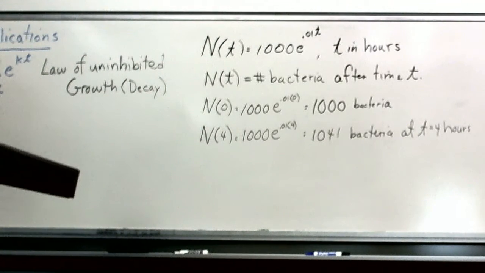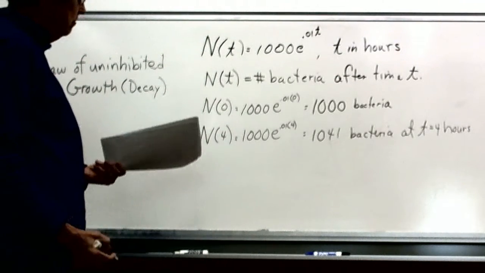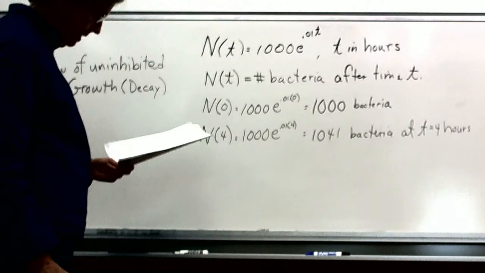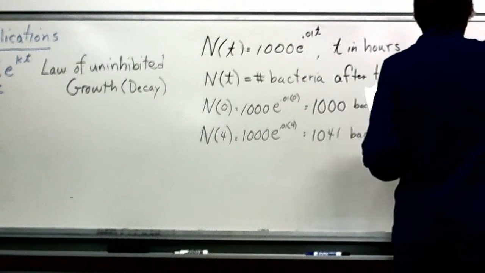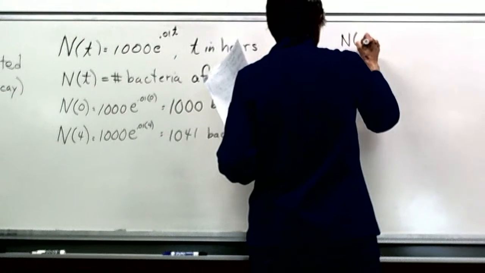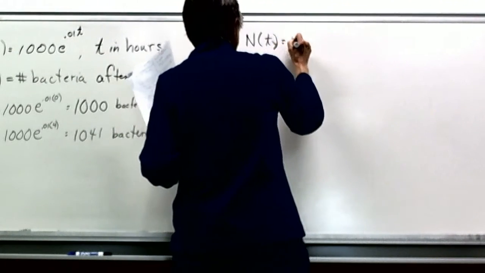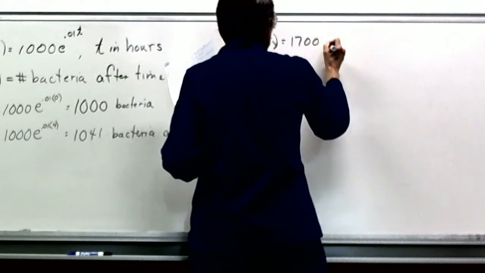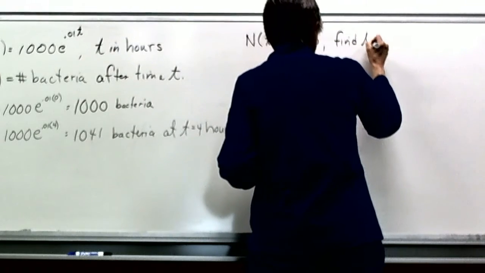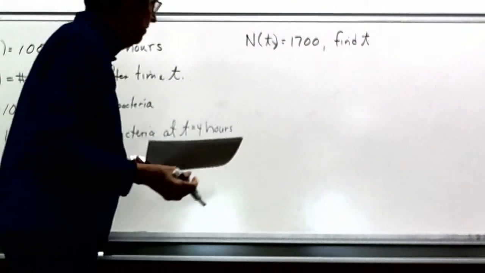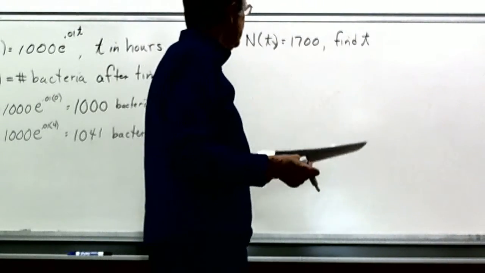We can also be asked to find t such that the number of bacteria is 1,700. So let's go over here and say the number of bacteria is 1,700, and we want to find how long it might take to advance from 1,000, our initial amount, to 1,700.